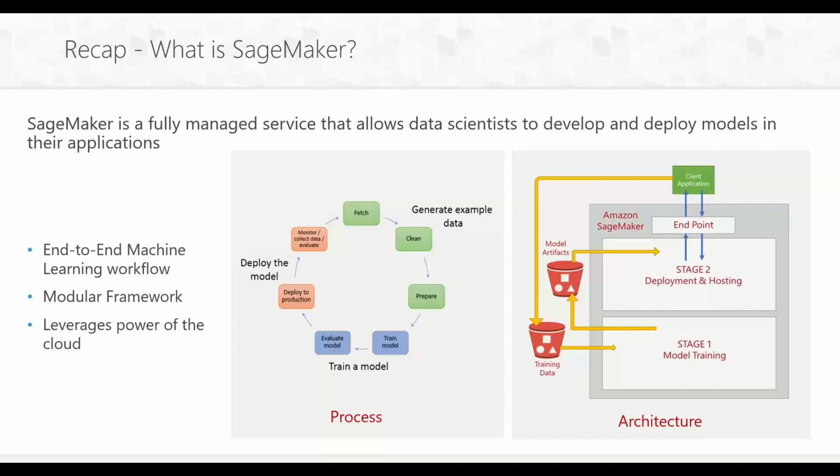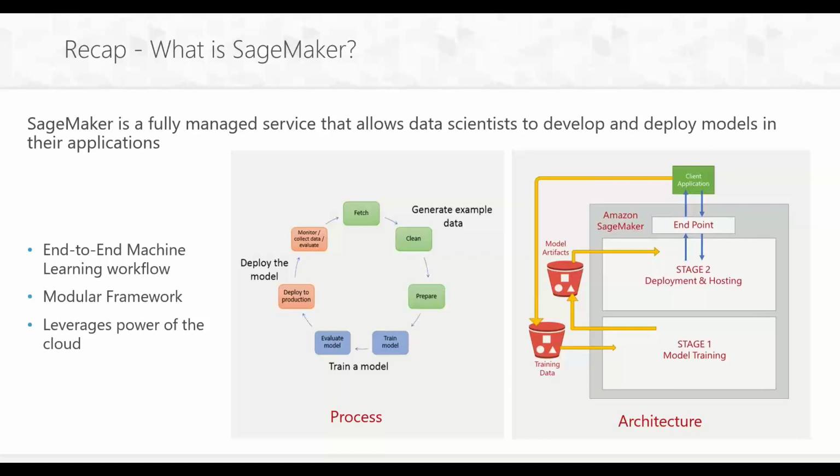And this is where you deploy your models into production and host them on endpoints, so your application can interact with it. And what is cool about SageMaker is that with the use of these S3 buckets, the service is modular.